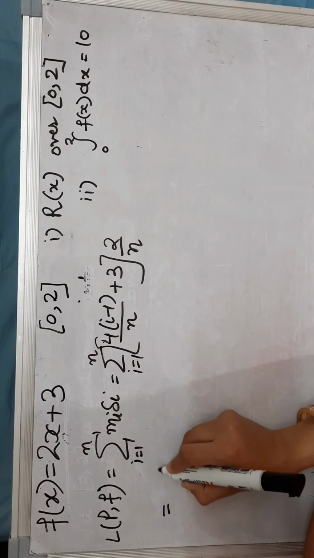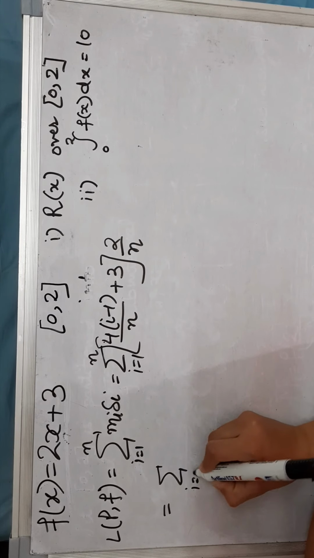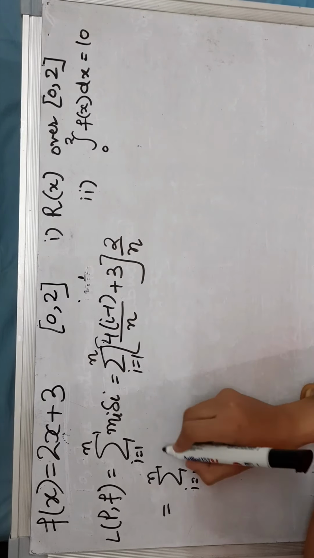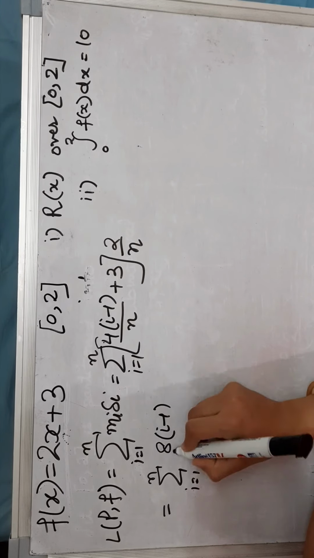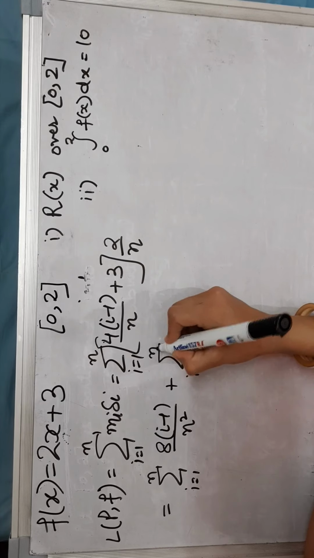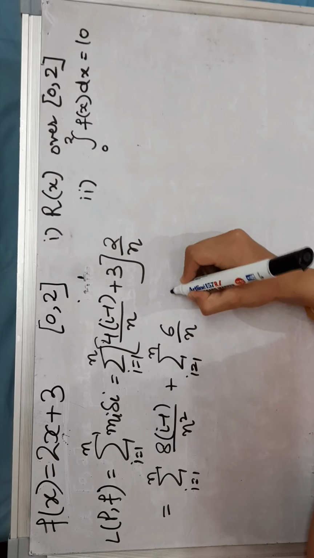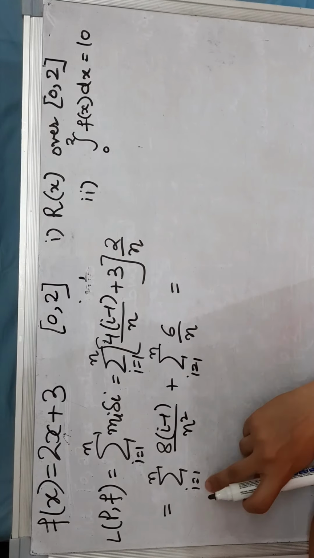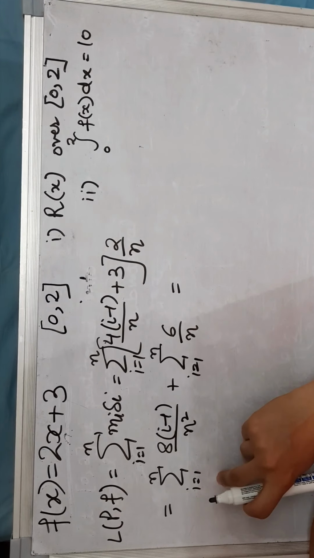So that is equal to summation I from 1 to n, that becomes 8 into I minus 1 by n square plus summation I from 1 to n 6 by n. Simple mathematical calculations. So I varies from 1 to n.